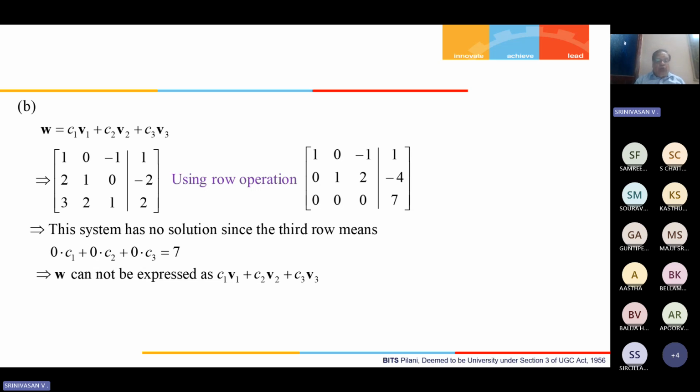Keeping R1, R2 fixed, now you will have to do one more operation. What I have written now: 0, 2, 4, minus 1. That is the third row.